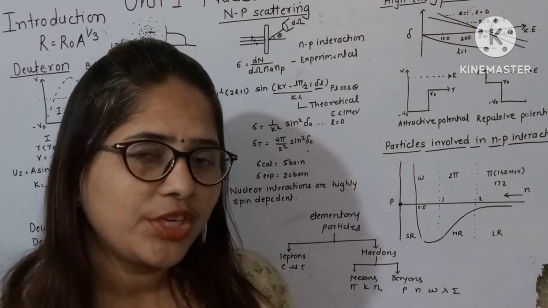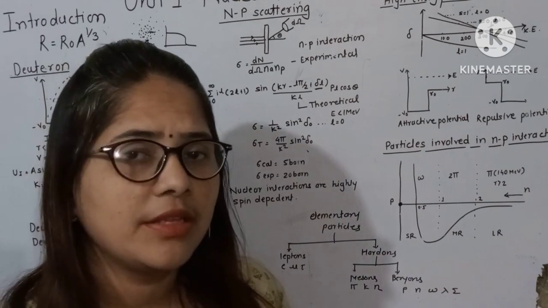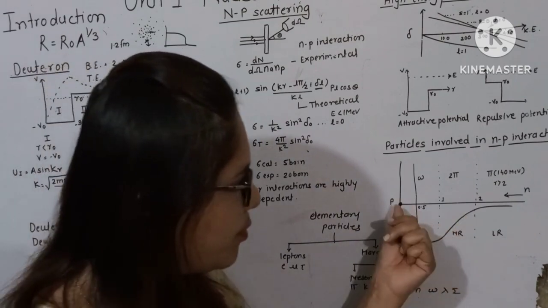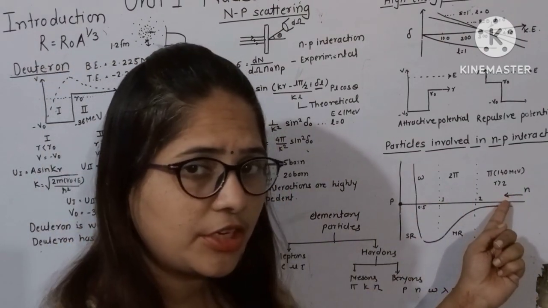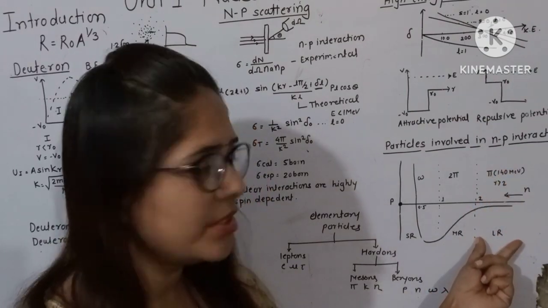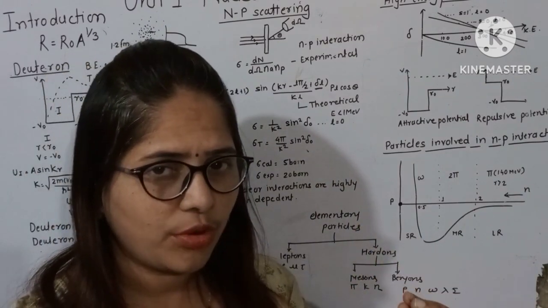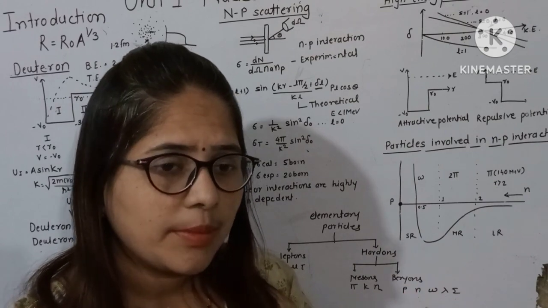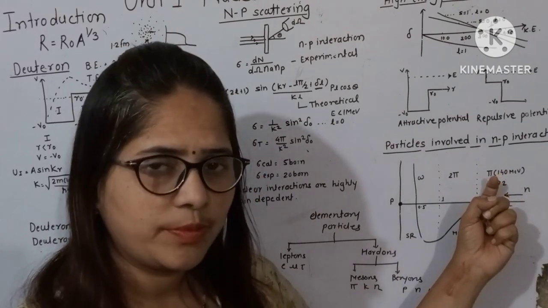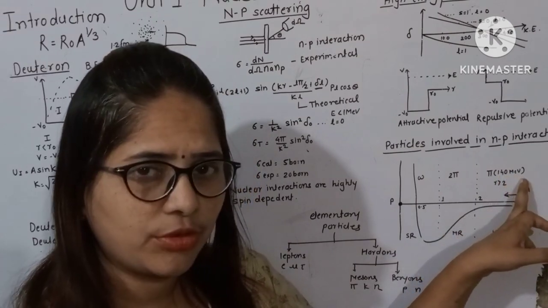Now see here, according to the quantum electrodynamic theory, whenever there is an interaction between any two particles, it must be mediated by some exchange particle. If the proton is here and the neutron is here, due to the small kinetic energy it is able to reach only this long region. So if there is an interaction between this proton and neutron in the long range, the mediating particle or exchange boson will be the pion, with a rest mass energy of 140 megaelectron volt.